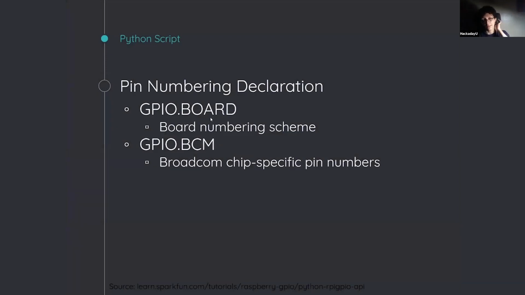So here we have something that is really important, which is the numbering declaration. If you don't know, on the Raspberry Pi you have a couple of golden-colored pins, which is where you connect the electronics that you want to interface with. There are two ways to call each one of these pins, which are GPIO.board and GPIO.BCM.